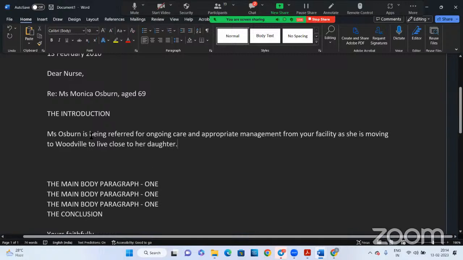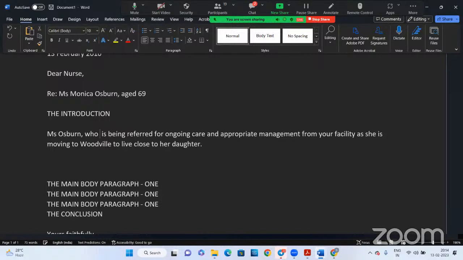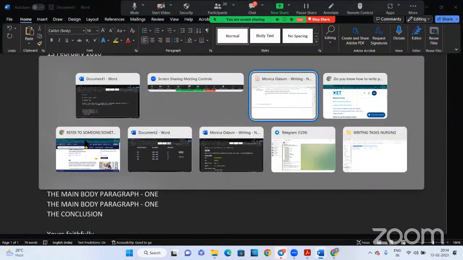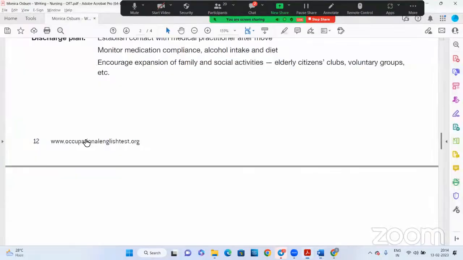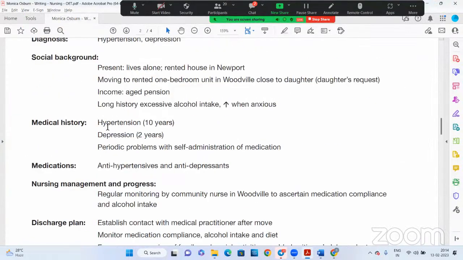Miss Osborne, who has been treated for, what is that? Who has been treated for what? Hypertension.